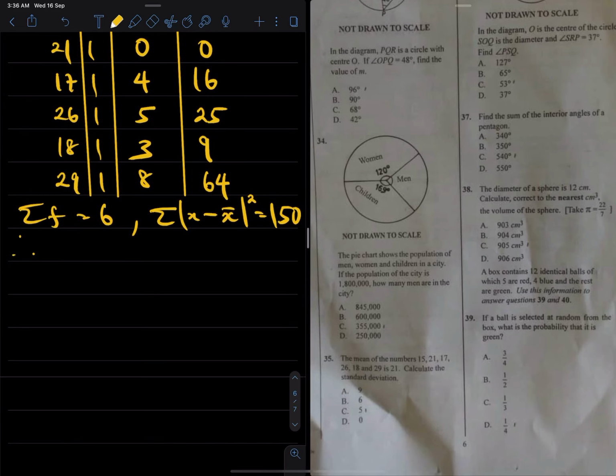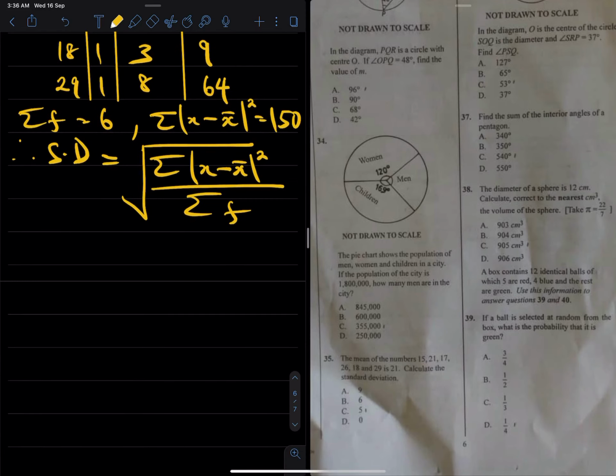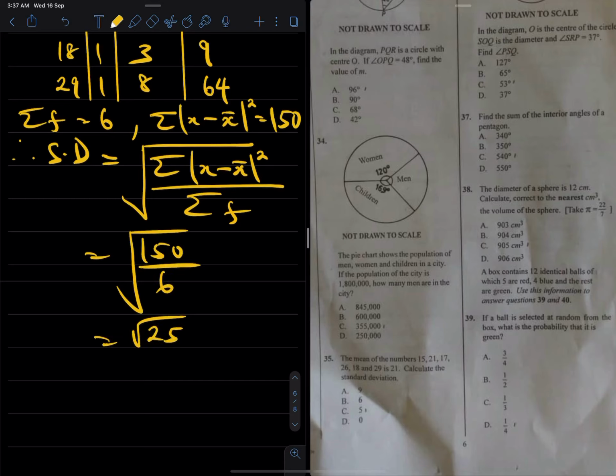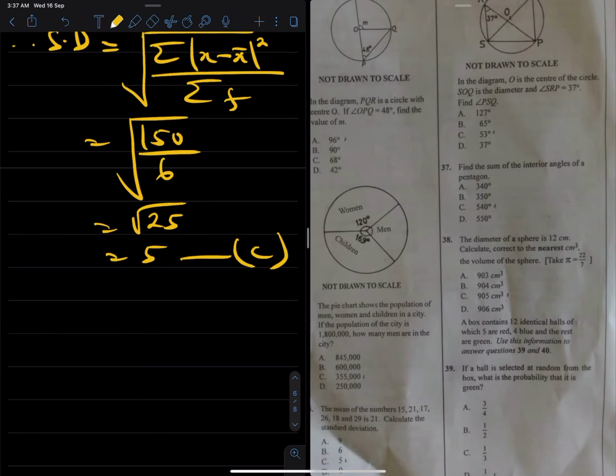So the standard deviation is given by the formula square root of the summation of the absolute value of x minus mean squared, all over summation f. That is the square root of 150 over 6, which is the square root of 25, and that's 5. So the standard deviation is 5, which is C. Down to the next very quickly. It's as simple as that.